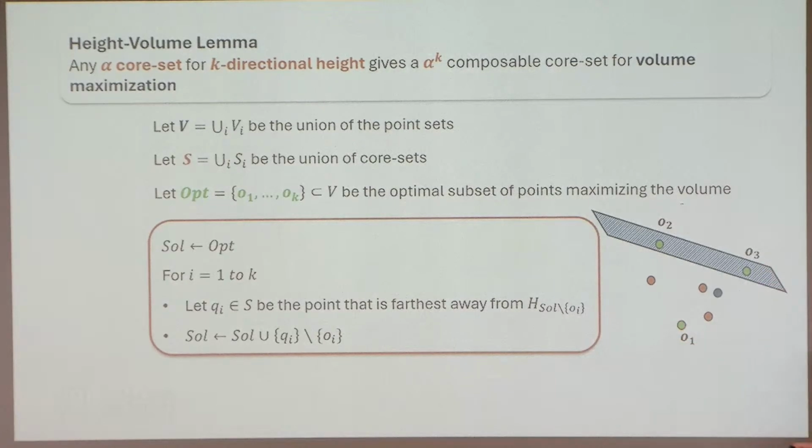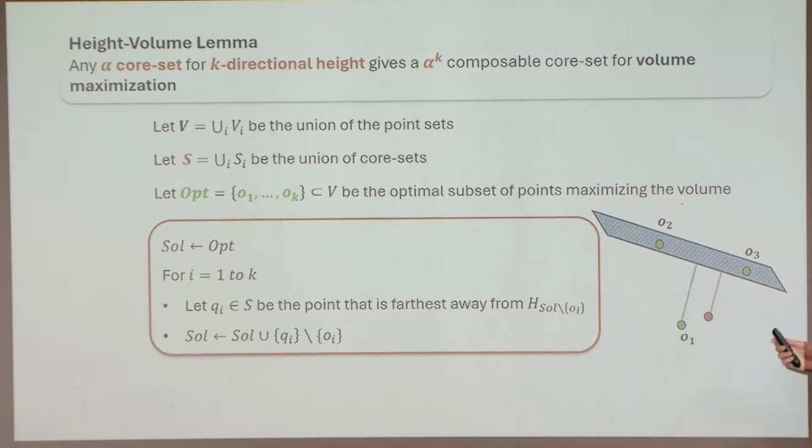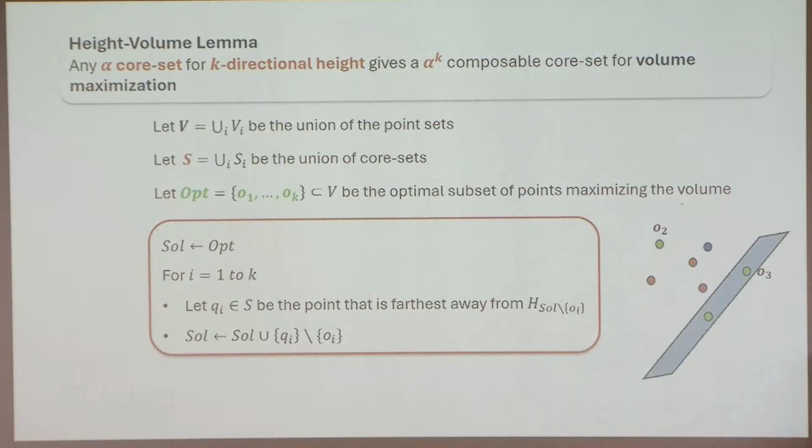And now I'm going to replace O1 with the point from the coreset that is furthest away from this k-1 dimensional subspace. Because I know that these coresets preserve the maximum distances to all k-1 dimensional subspaces, and in particular this one, this replacement does not decrease the distance and therefore the volume by more than a factor of alpha, or 2k. And again, we replace O2 with someone from the coreset.